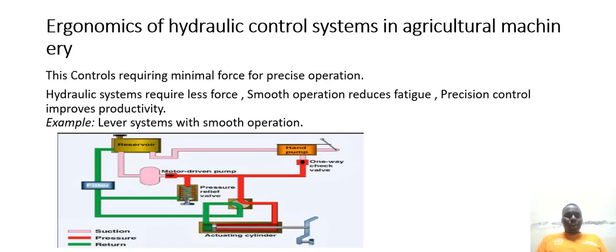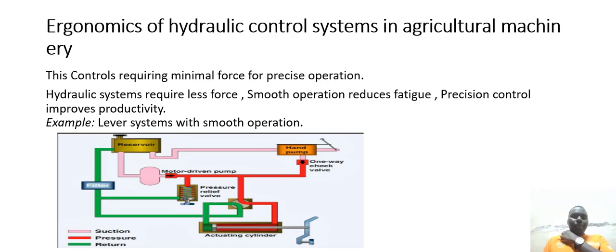Continue with ergonomics of hydraulic control systems in agricultural machinery. These controls require minimal force for precise operation. Hydraulic systems require less force, give smooth operation, reduce fatigue, provide precision control, and improve productivity. Example, a lever system with smooth operation.